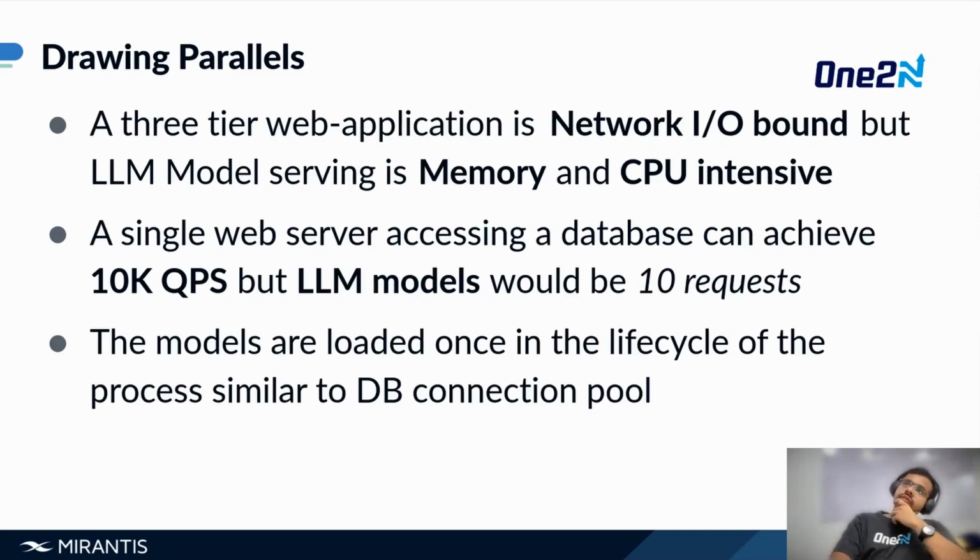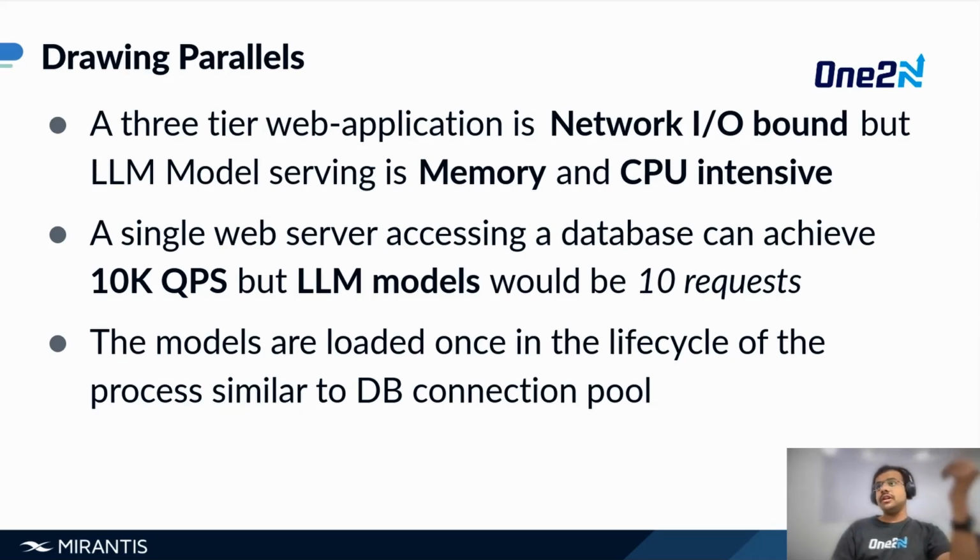Further exploration revealed that while a traditional three-tier application is network IO bound, LLM model serving is more memory and CPU intensive. In fact, if you are running a single web server, it is possible that a simple web app that talks to a database can achieve a really high QPS of around 10,000 requests.